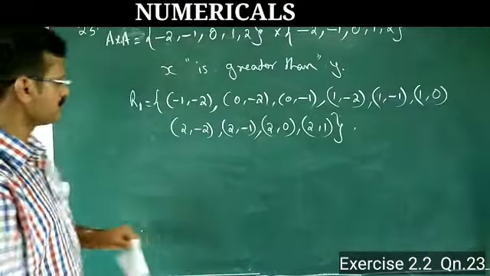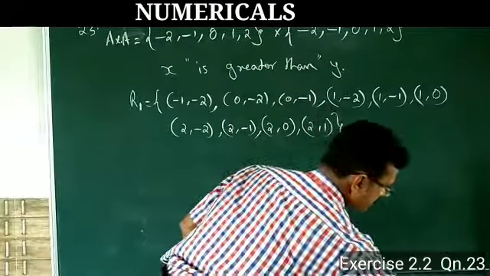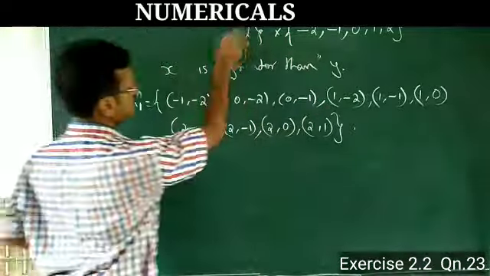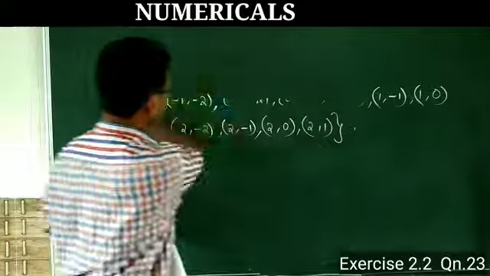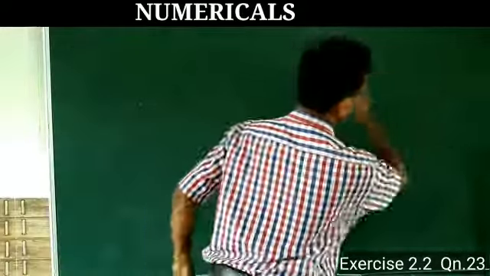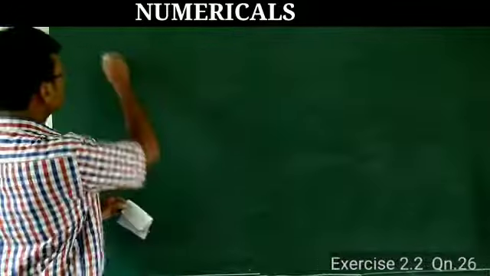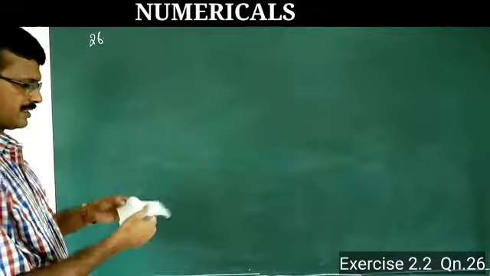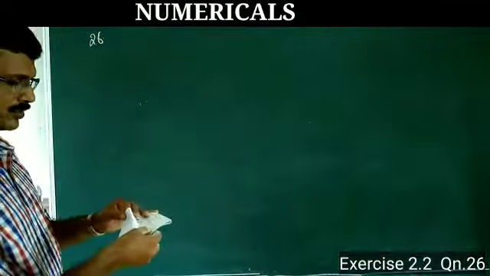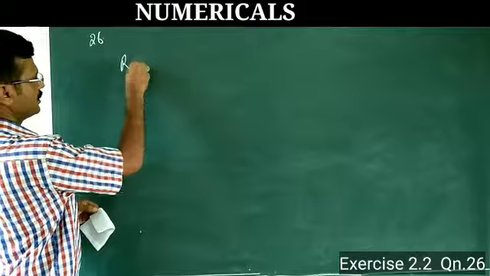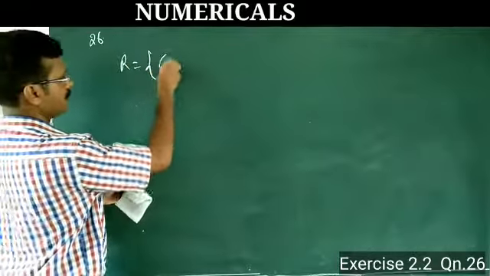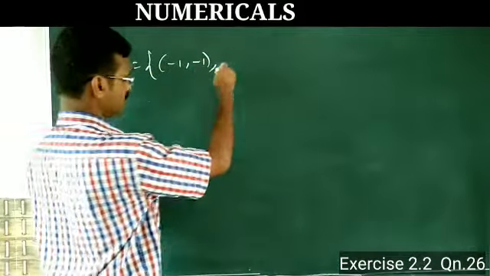Now we will do one more, question number 26, and with that we will stop. Find the linear relation between the components of this relation. Linear relation we have to find out between the components.